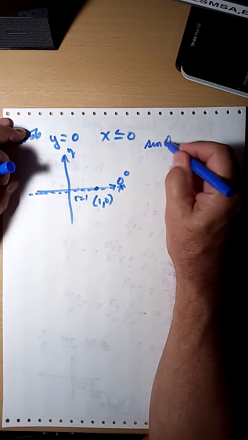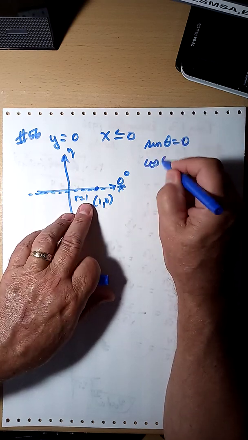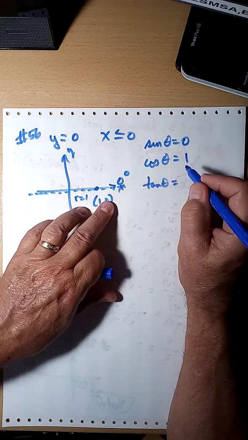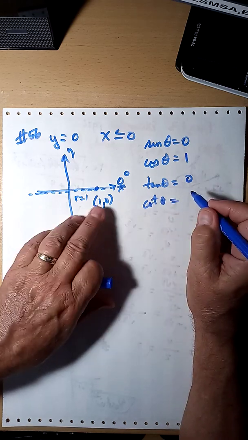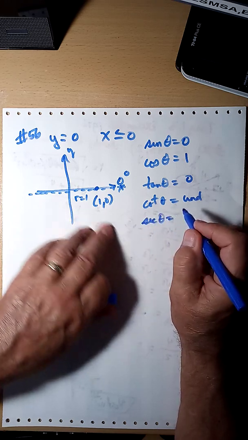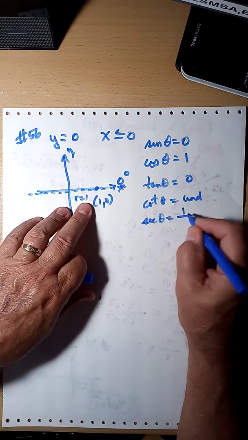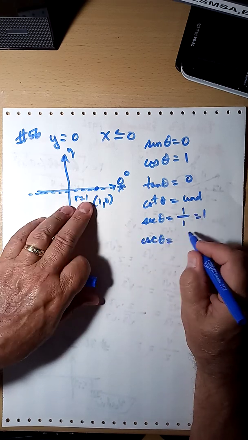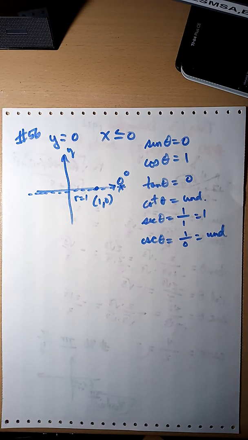So the sine of this theta, 0 degrees, y over r, 0 over 1, the cosine, x over r, 1 over 1, the tangent, y over x, 0 over 1, the cotangent is x over y, 1 over 0, the secant is r over x, 1 over 1, or 1, and the cosecant is r over y, which is 1 over 0, undefined. So, got all those steps too.